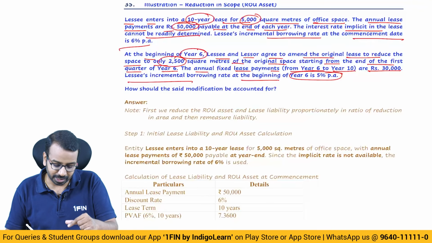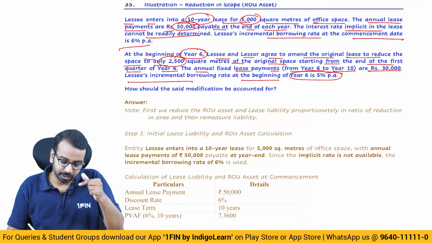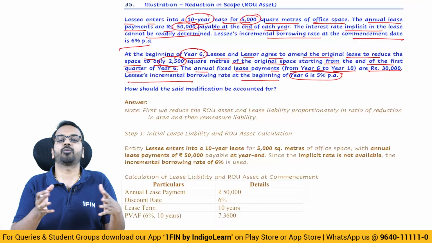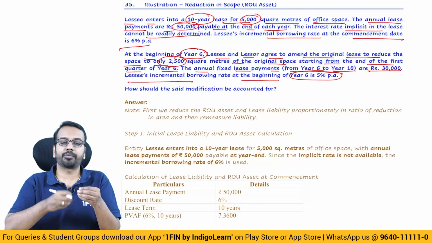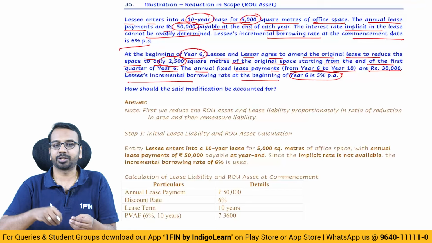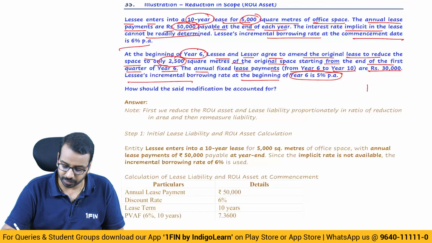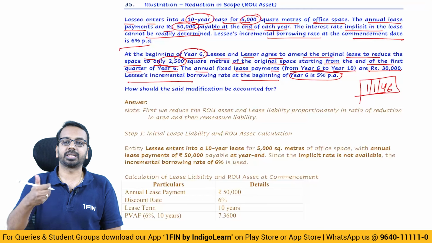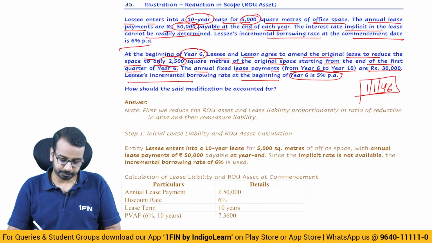Now in this case they have said that they are reducing the space from end of first quarter of year 6, but we don't have quarterly information. Okay. So what we will do, the effective date of modification, let us say 1st of January of year 6, from this date itself we will consider the modification.